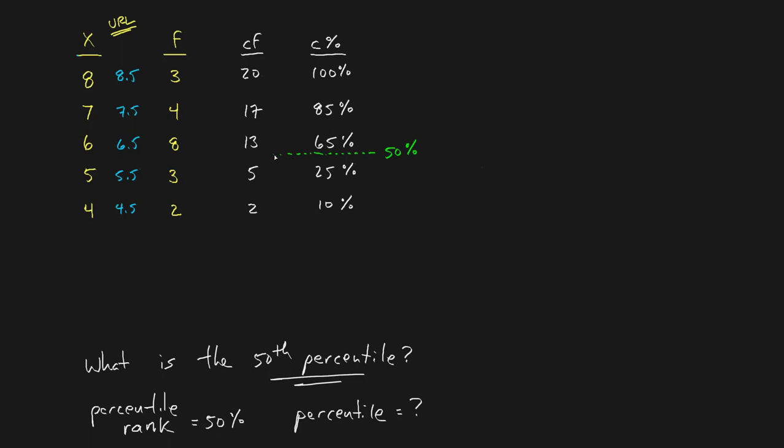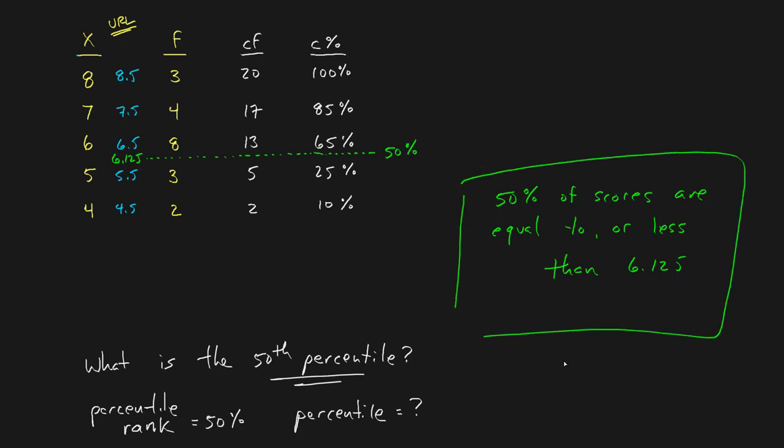Well, if we move this all the way over, we knew it was going to be somewhere between 5.5 and 6.5, and it ends up that the value is 6.125, which means that 50% of scores are equal to or less than 6.125. And so we used interpolation to find that answer.